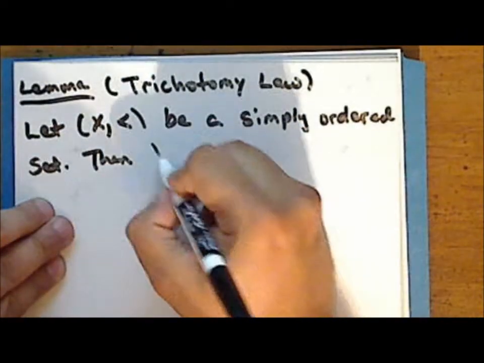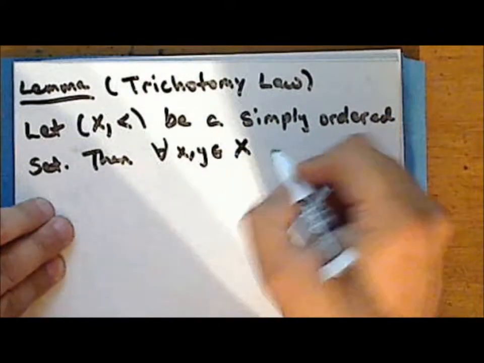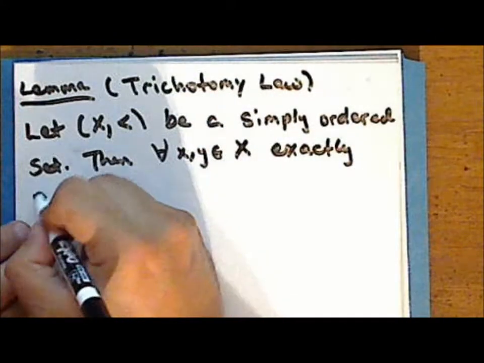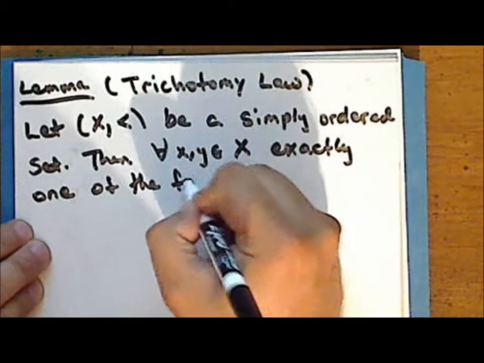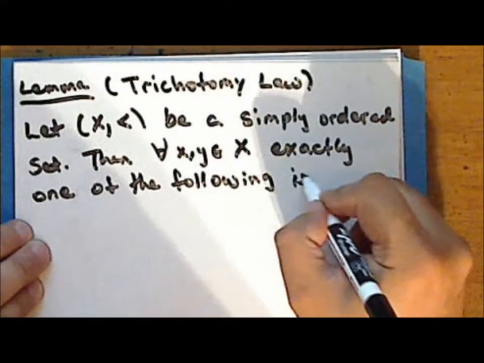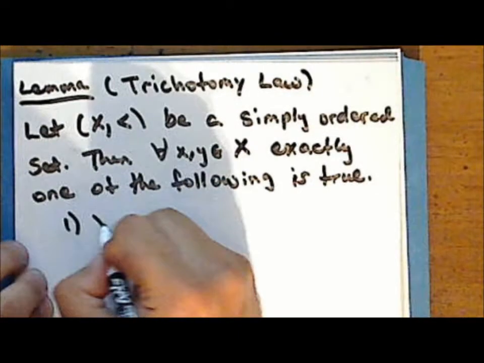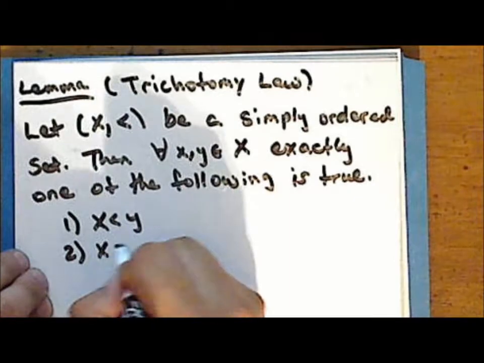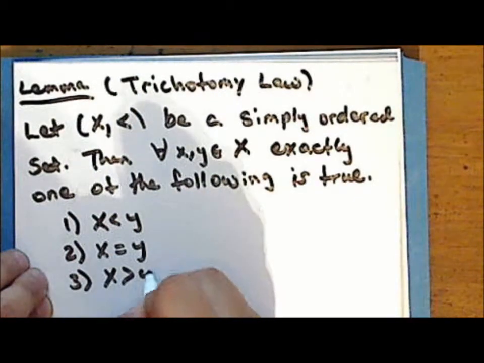Then, for every pair of elements x and y in the set X, exactly one of the following is true: x is less than y, x is equal to y, or x is greater than y.